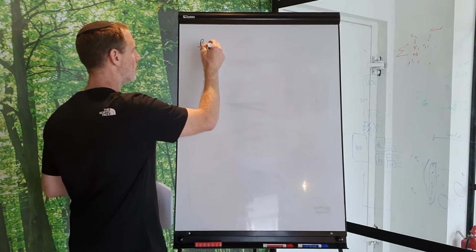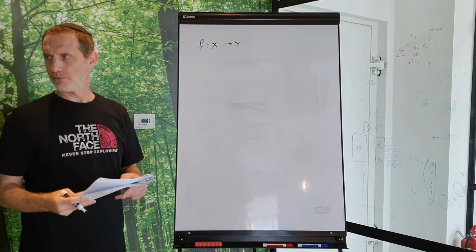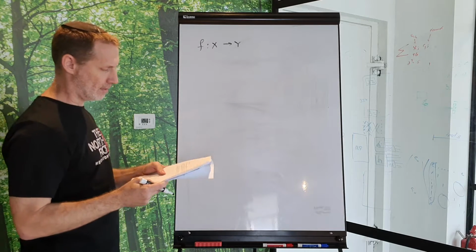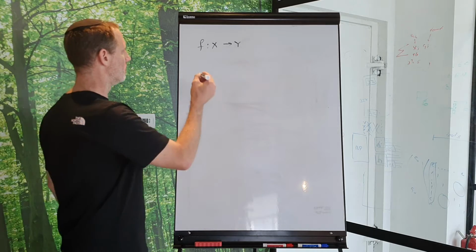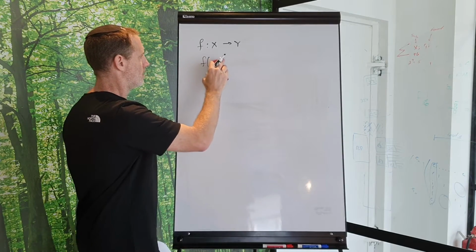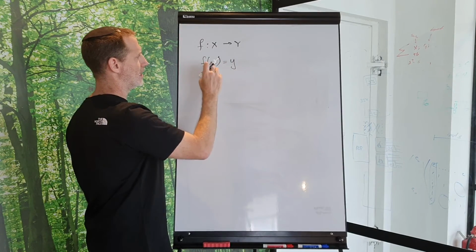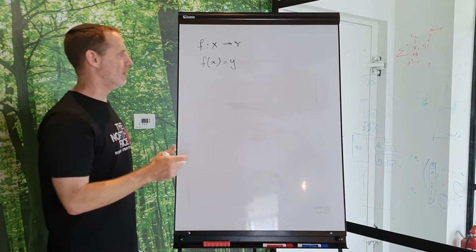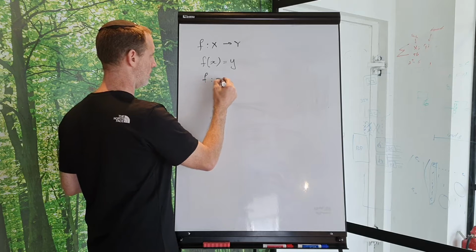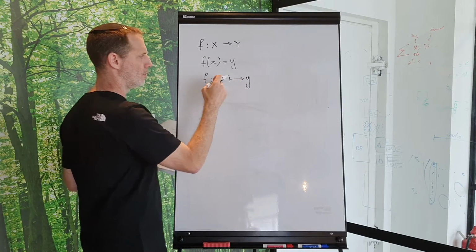We denote it like this: the mapping f from set X to set Y, and then for the function itself, we write it like this, where x is from X and y is from Y. There are also other formats you may see, like this arrow with an n.